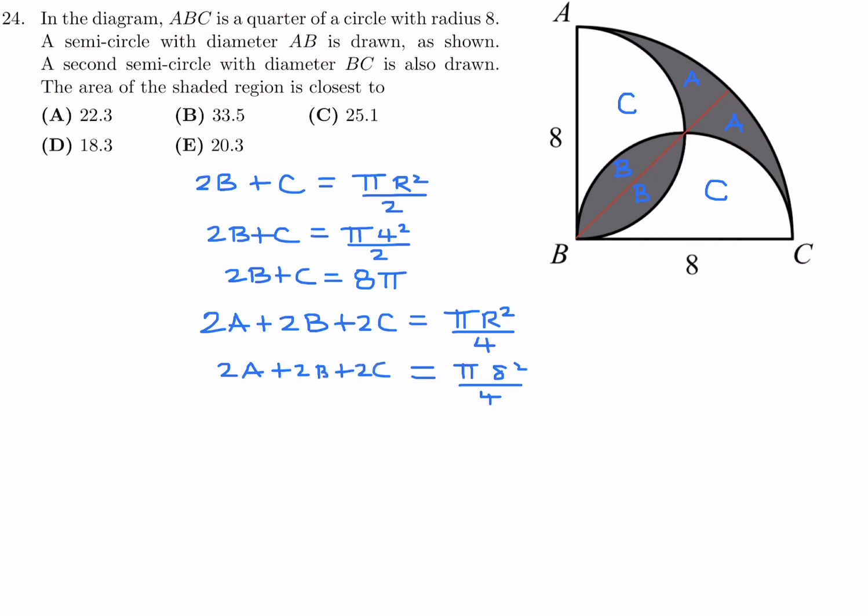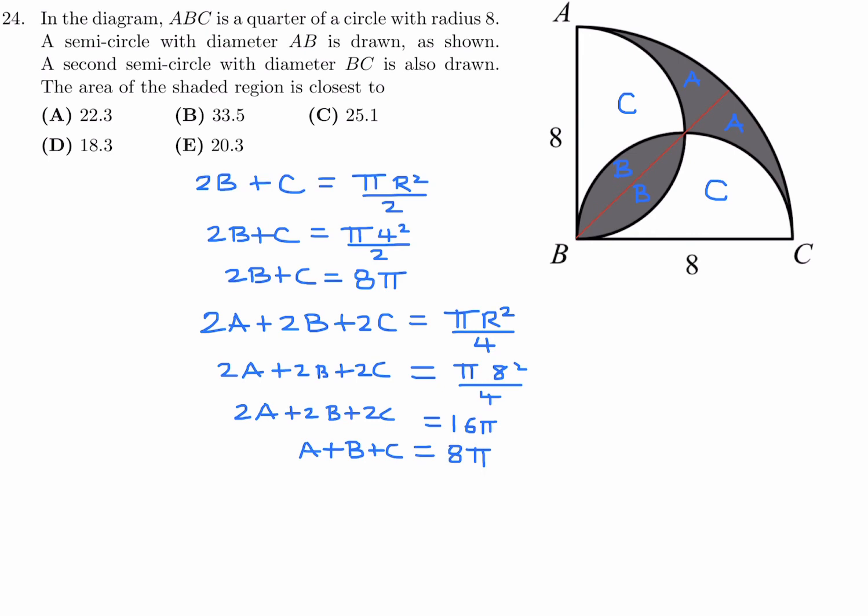And then 8 squared is 64. 64 divided by 4 is 16. So that means this is 16 pi. And then we can divide through by 2. And when you do, you get a plus b plus c is equal to 8 pi.